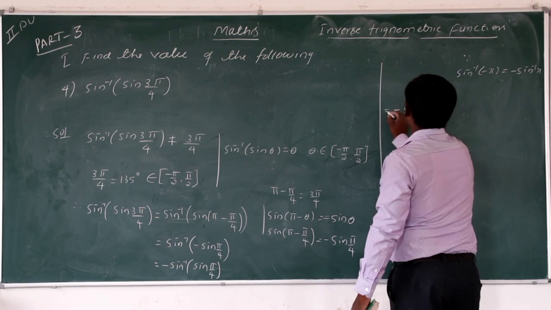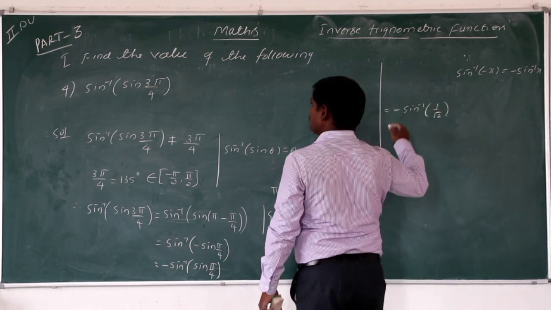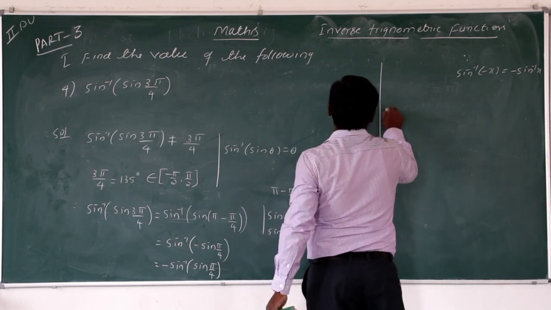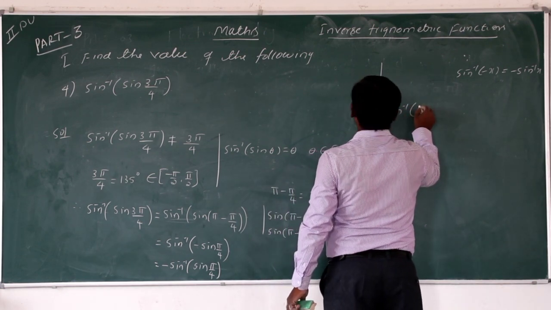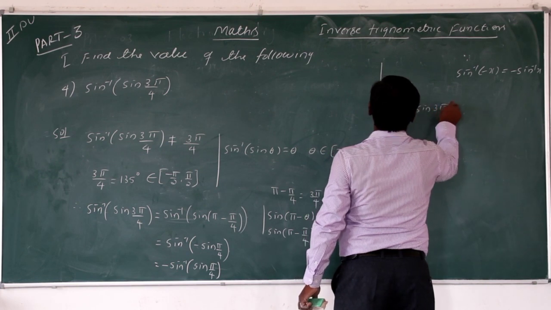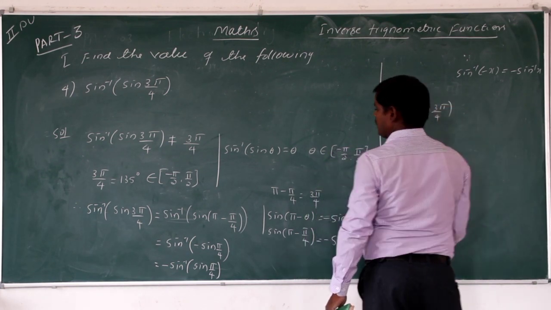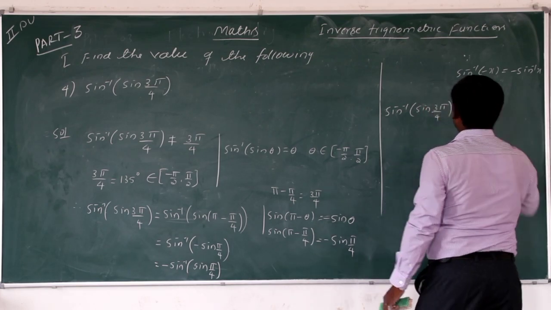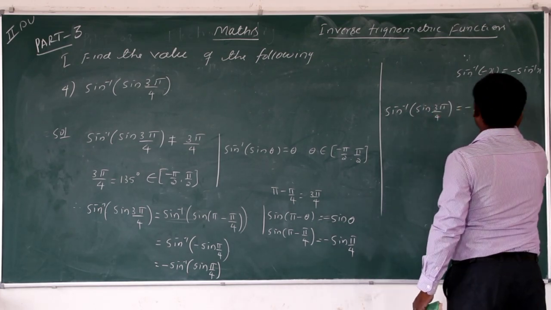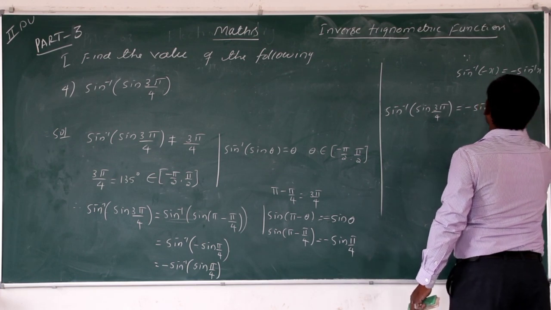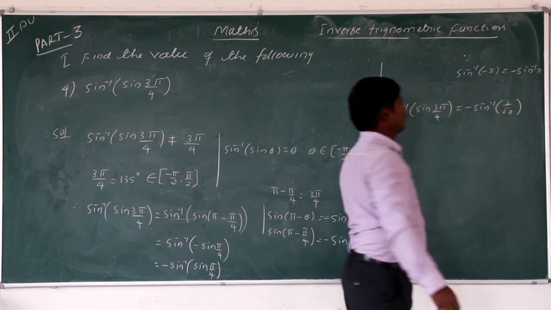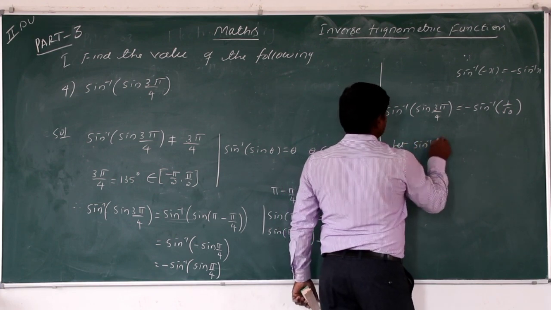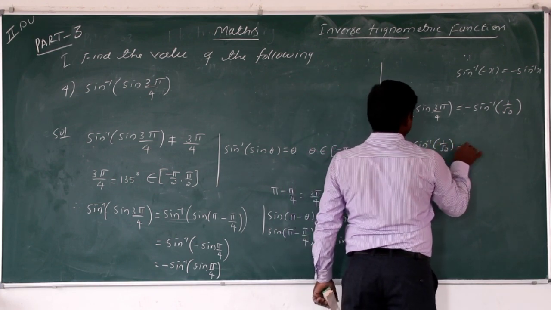So the value of sin inverse of sin of 3 pi by 4 can be written as minus sin inverse of 1 by root 2. Again we need to find the value of sin inverse of 1 by root 2. Take it as theta.